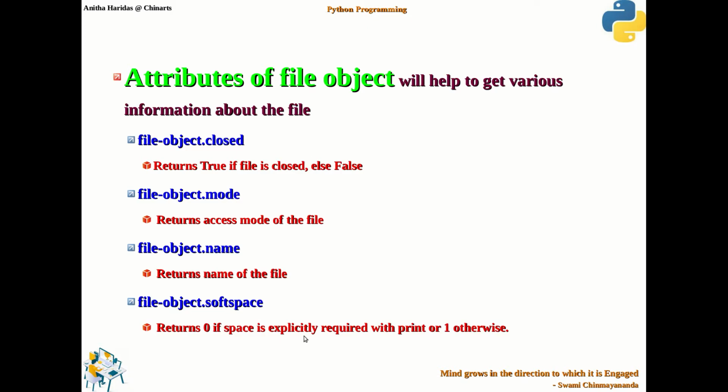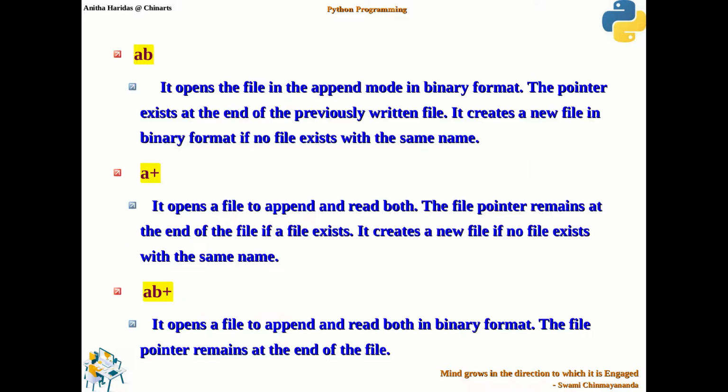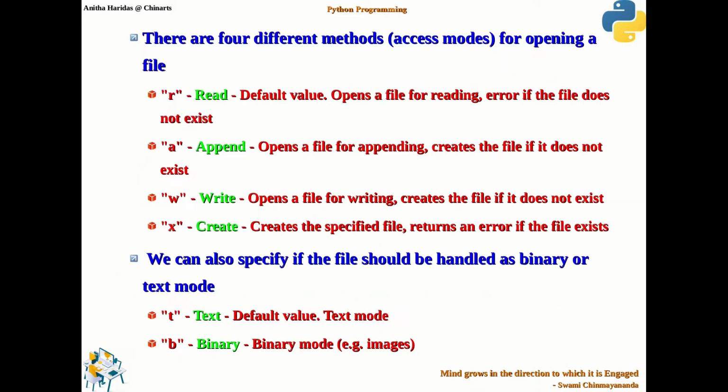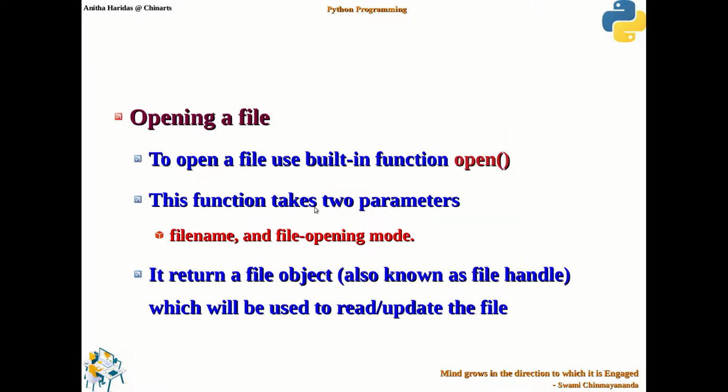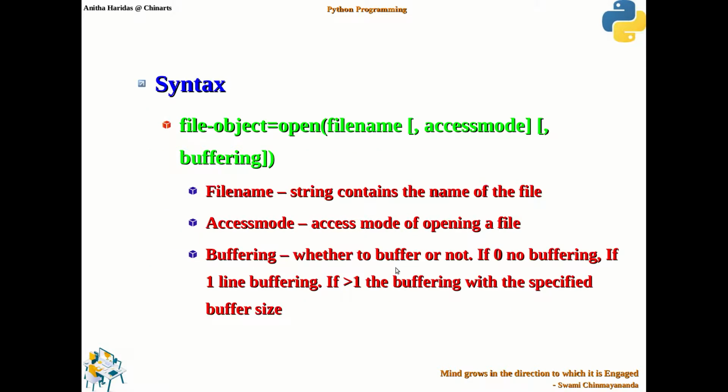So in this video we are going to talk about the different attributes of the file object. We know that when you open a file, a file object will be returned. A file object will be returned by the open function, which is also known as a file handle. Okay. So we are going to discuss what the different attributes and methods available for this file object are.